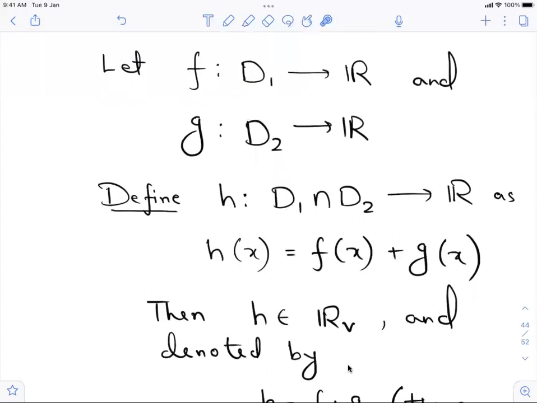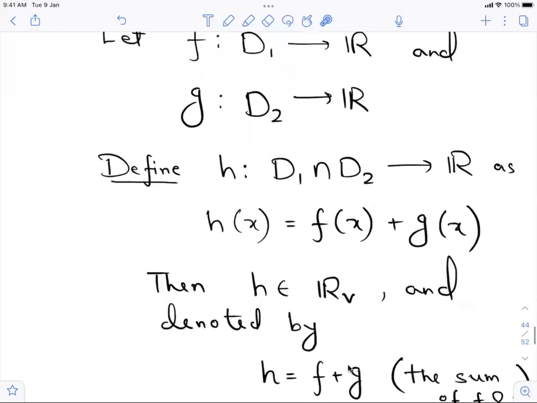First of all, to make sense of any of those operations, I have to restrict my attention to those values of the domain which are common to both f and g. That means I have to look at d1 intersection d2. On this domain, both f and g are defined. So if x is coming from this set, then it makes sense to talk about both f of x and g of x.